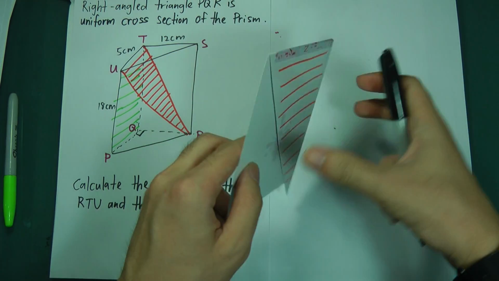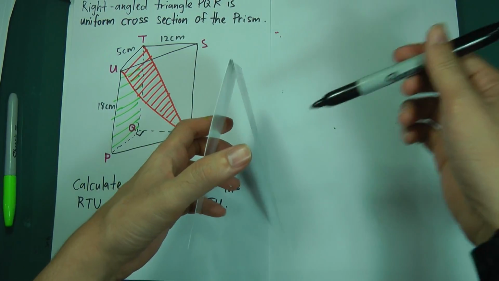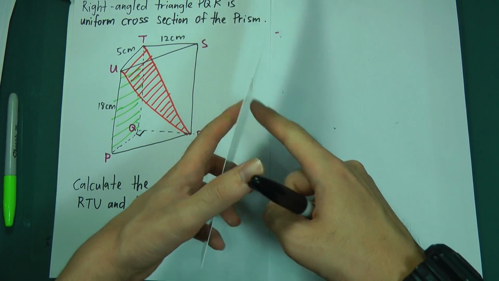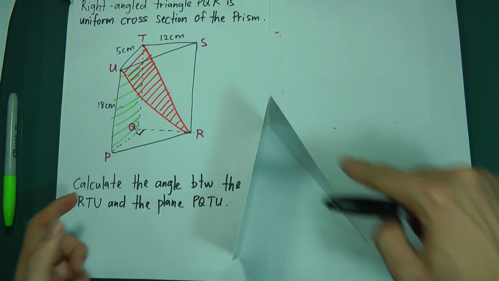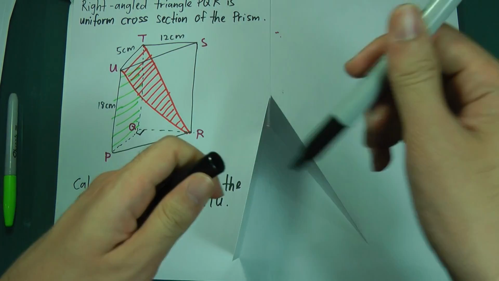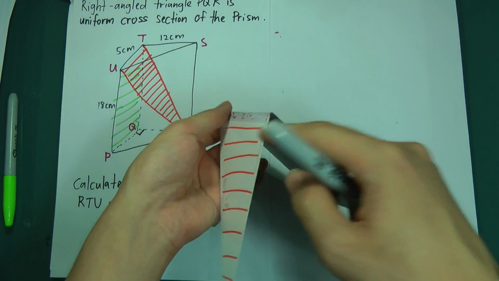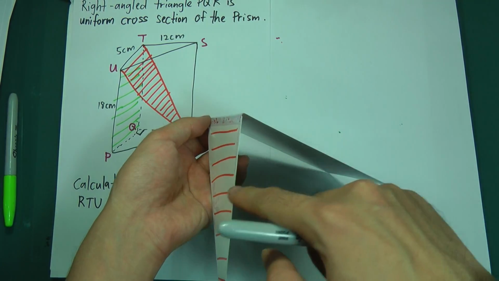Means if you got one plane and two plane, the angle is always in between. It's always in between here. Can you understand? If you got one plane, two plane, the angle is always in between. Means the angle is over here.